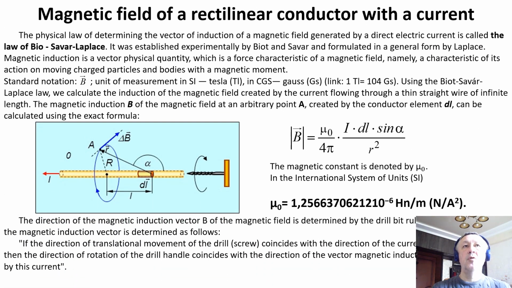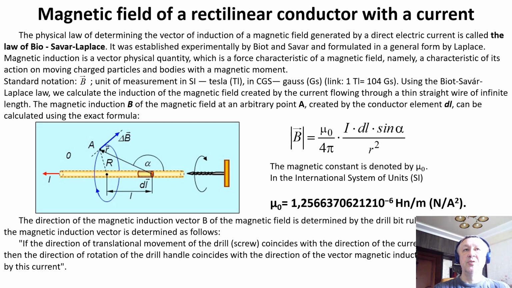The physical law of determining the vector of induction of a magnetic field generated by a direct electric current is called the Biot-Savart law and formulated in a general form by Laplace.